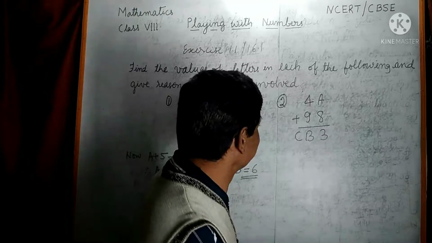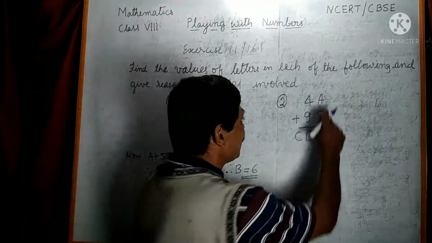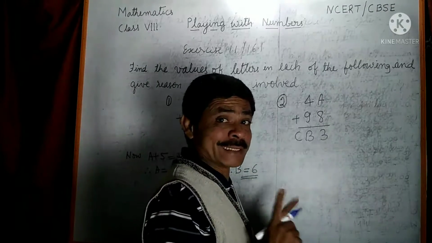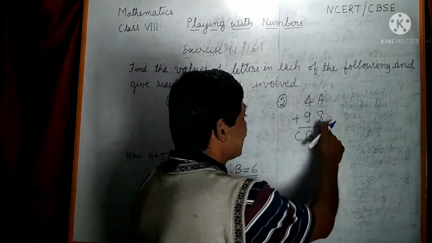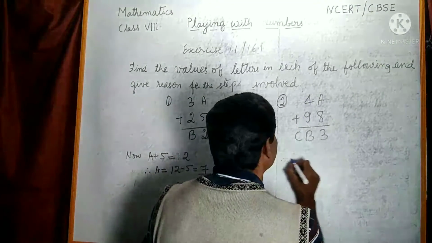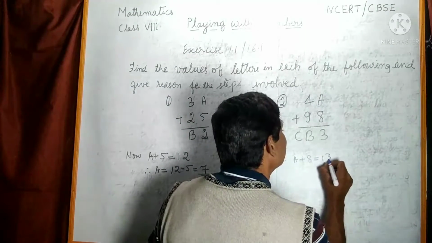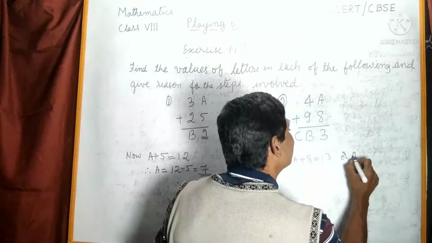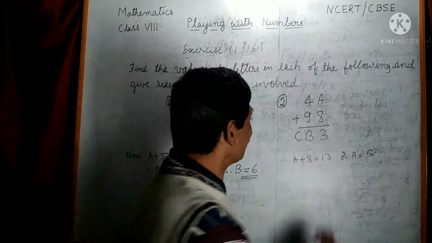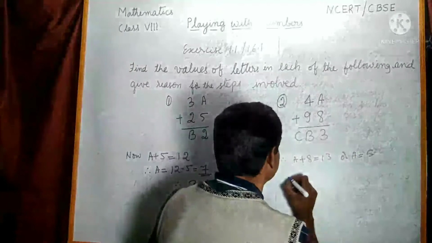Now next puzzle. Now let us look at the first column. A plus 8 should be 3 in units digit. That means that A plus 8 should be 13. We will write therefore A plus 8 is equal to 13 or A is equal to 5. Now we substitute the value of A is equal to 5 in the puzzle.